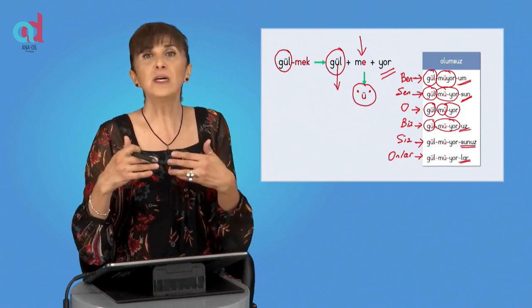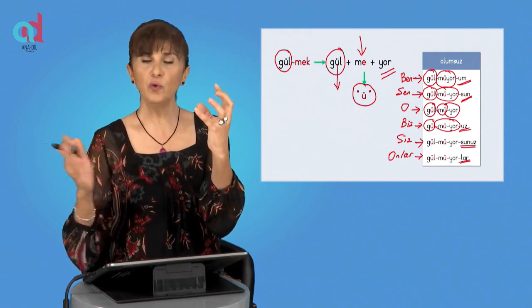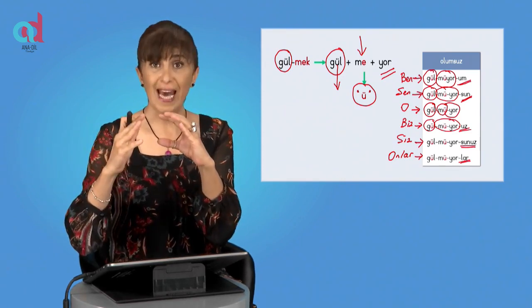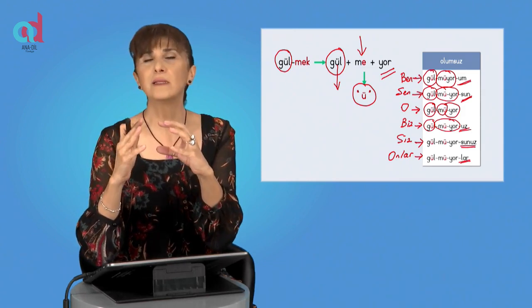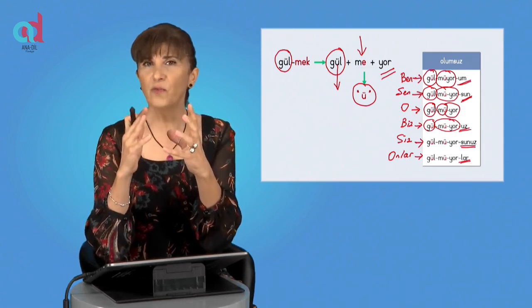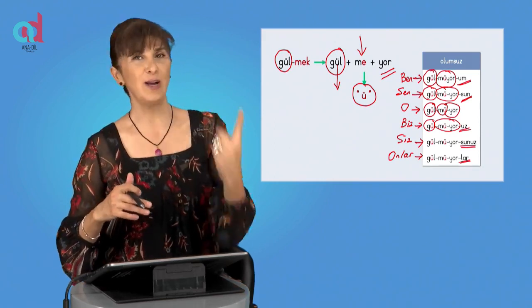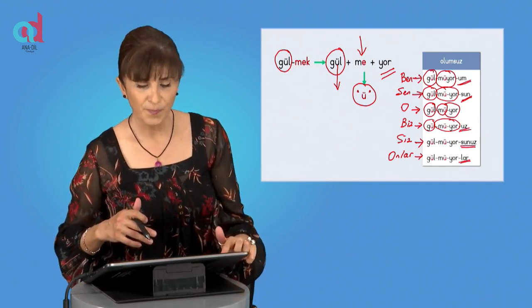So if we are not smiling, we keep the root, we add the negative suffix first, and then we add the tense suffix, and then now you see what we are going to do. We are going to ask questions.